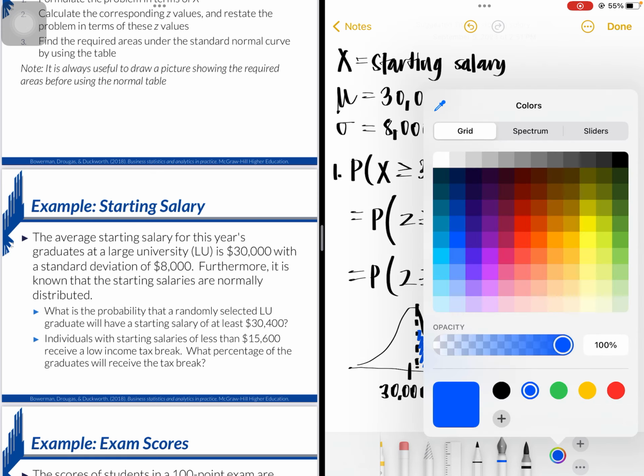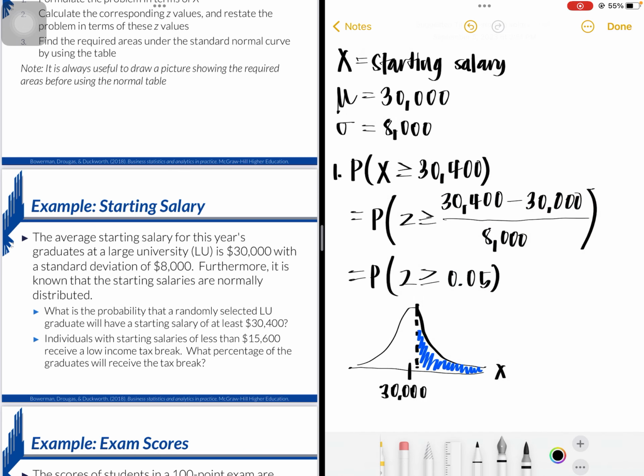Now, if we use the standard normal table, we can look for 0.05 in the table. But remember, the table that we are using gives areas to the left. So what our table will give is this area instead. If you search for that in the table, what we will get is 0.5199.